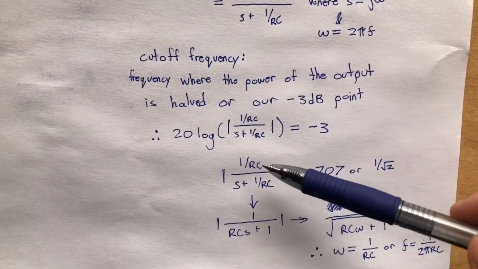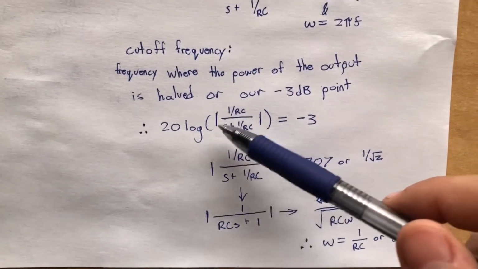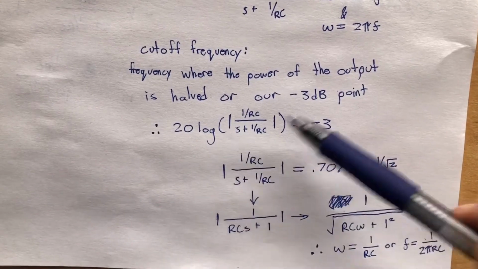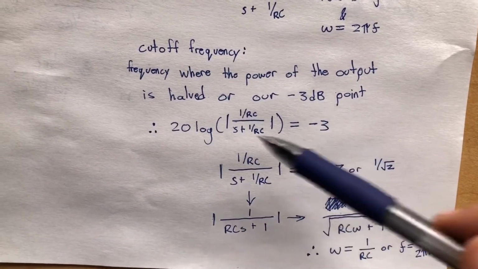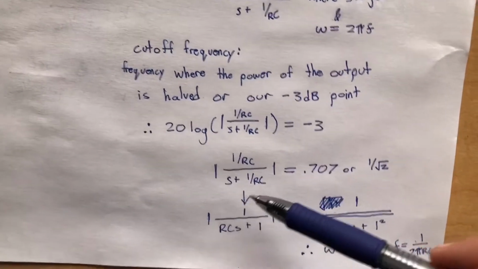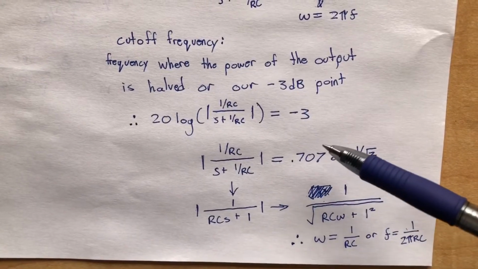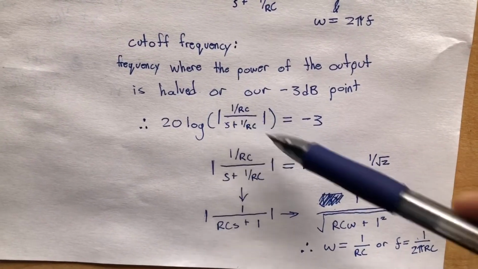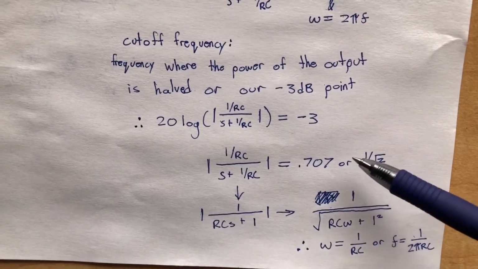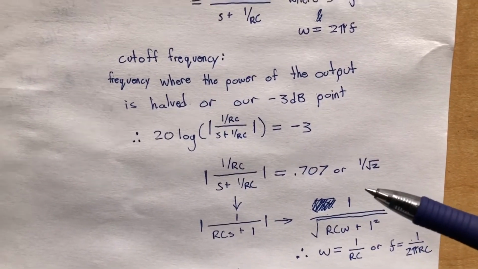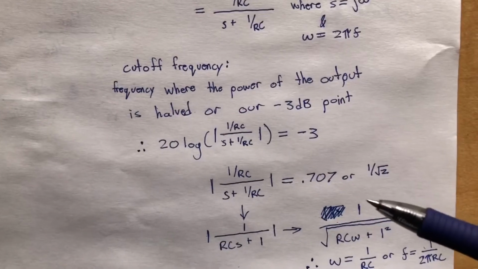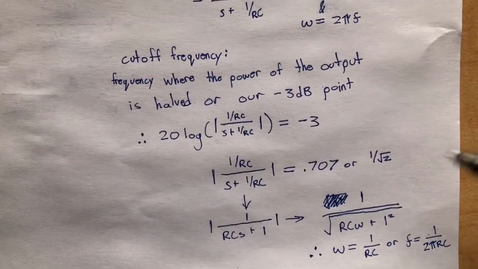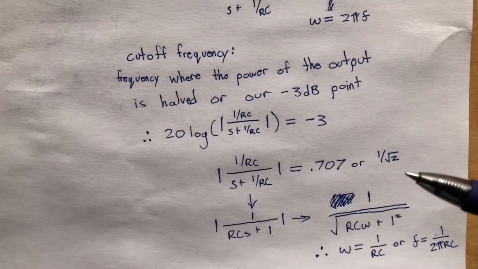So then what I do is I put this 10 to the power of -3 over 20, algebra, and then I get this inner part equals 0.707. It might not be too intuitive, but 0.707 is 1 over square root of 2, and that helps out a lot when I calculate this.